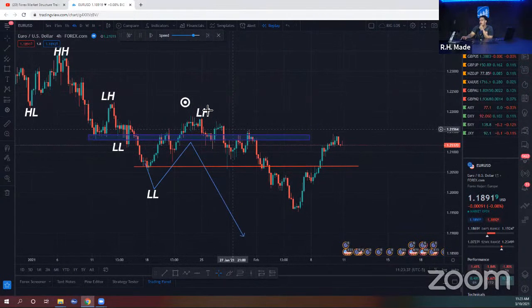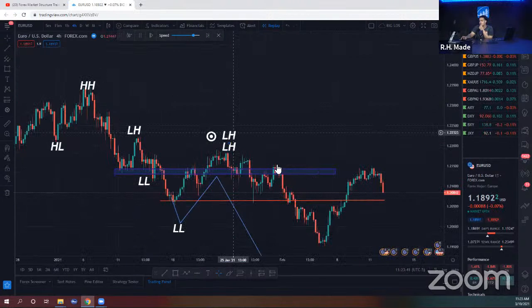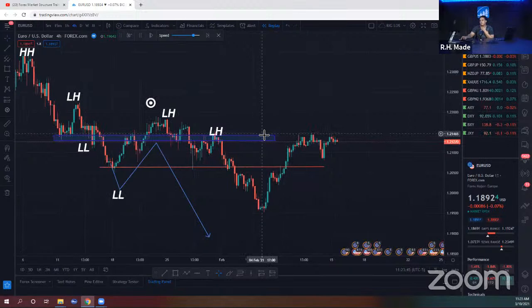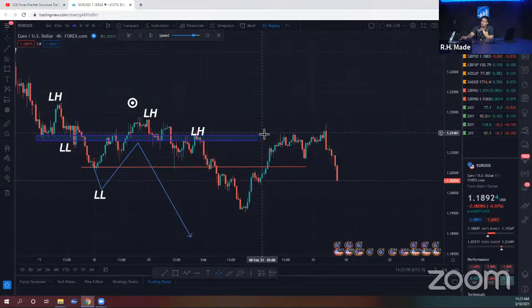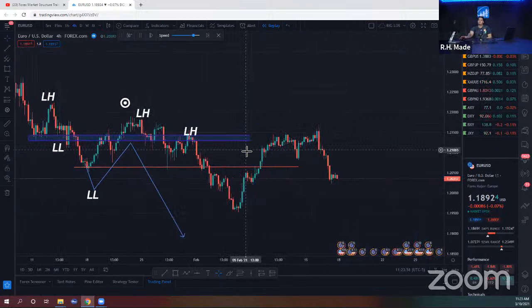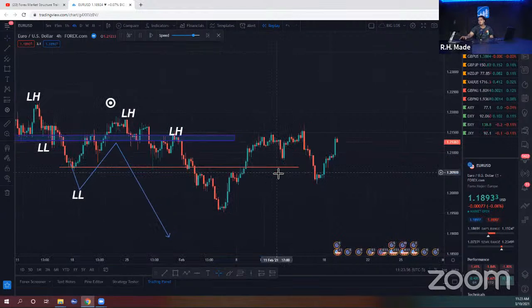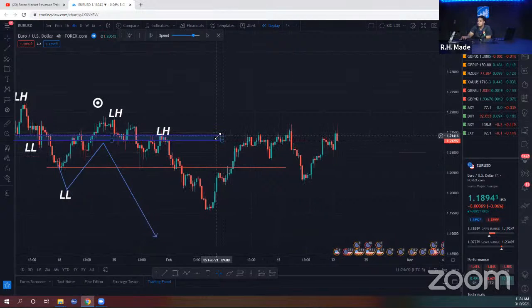So the lower high is the next option. You can see the lower high is holding up so far. Boom. So just be mindful that there's two options, the lower low or the lower high, for the retest.